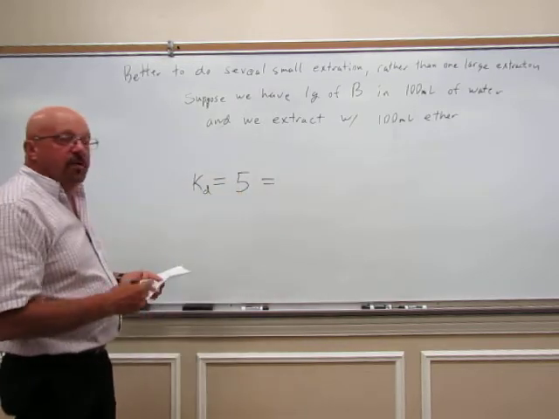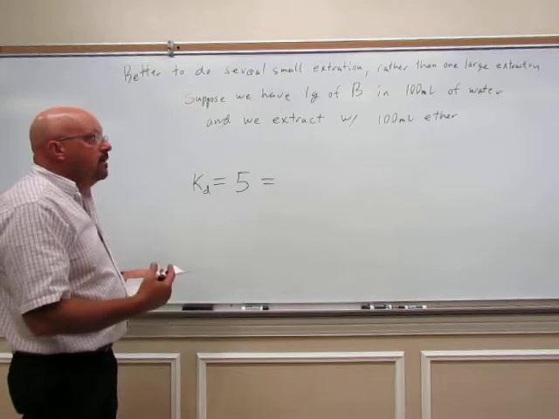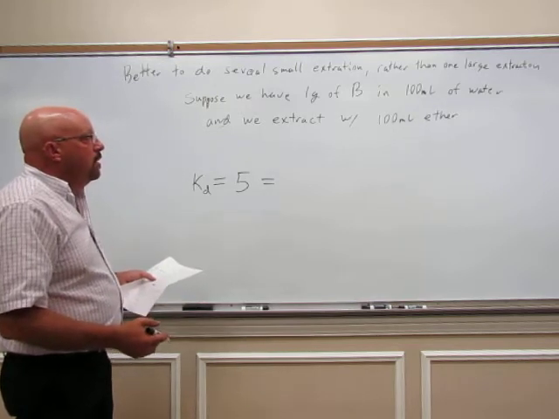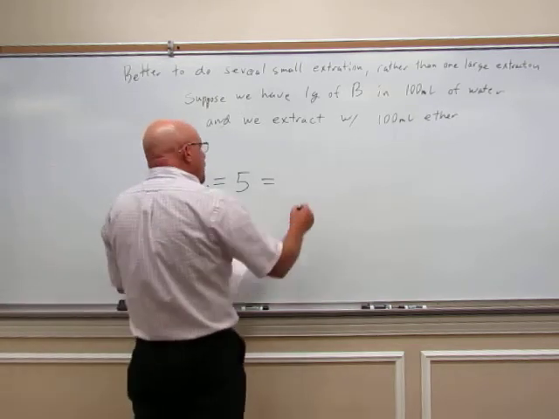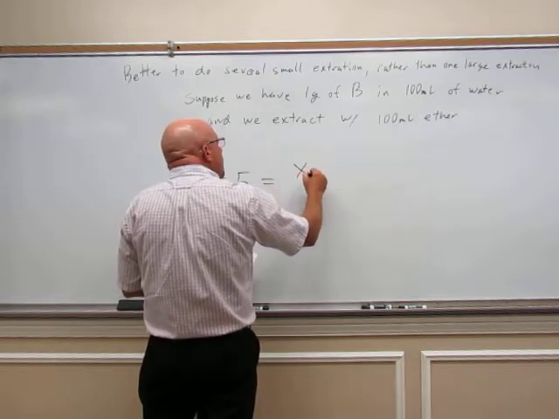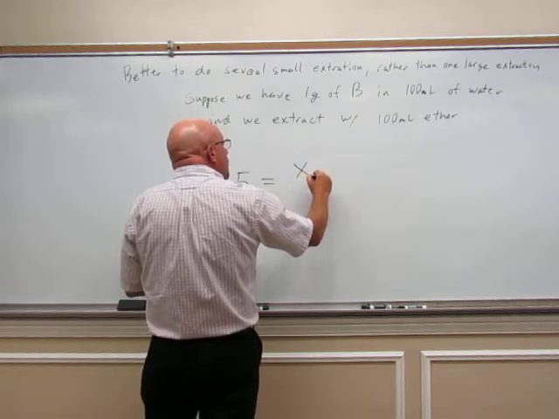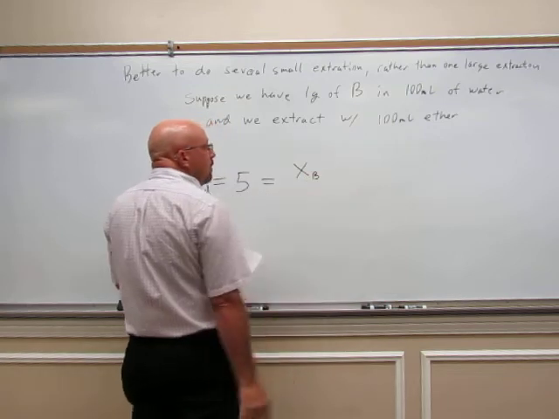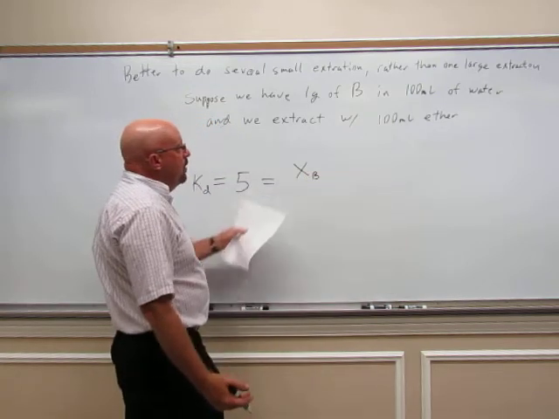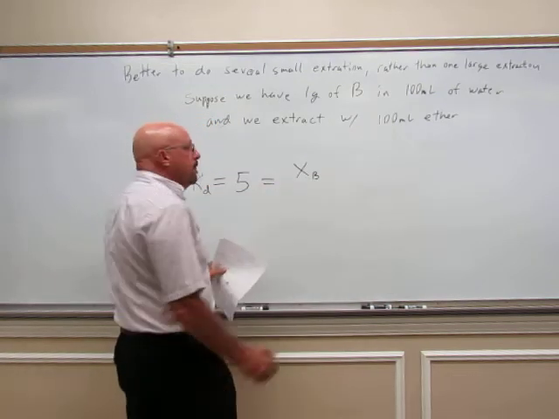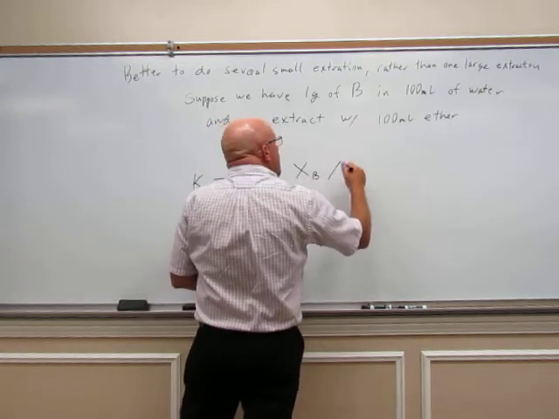It's the concentration in the organic layer divided by the concentration in the water layer. So we have X amount in the organic layer of compound B. I don't know how much went in there. That's what we're trying to calculate. We have 100 milliliters of ether.